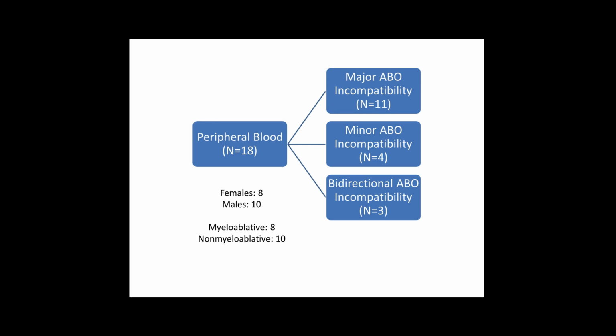In the peripheral blood group, we had 18 patients, 8 of which were female, 8 of which received myeloablative conditioning. 11 received a major ABO-incompatible transplant, 4 received a minor, and 3 received a bidirectional. And then finally, in our cord blood group, we had 21 patients, 5 of which were female, 15 received a myeloablative conditioning regimen, 14 received a major ABO-incompatible transplant, 4 received minor, and 3 received bidirectional.